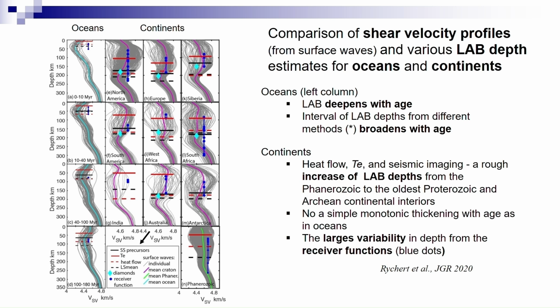A rough increase of LAB depth from the Phanerozoic to the oldest Proterozoic and Archean continental interiors can be seen in the heat flow, elastic and seismic models, but not a simple monotonic thickening with age as in the oceans. LAB depths from the receiver functions, blue dots, exhibit the largest variability.